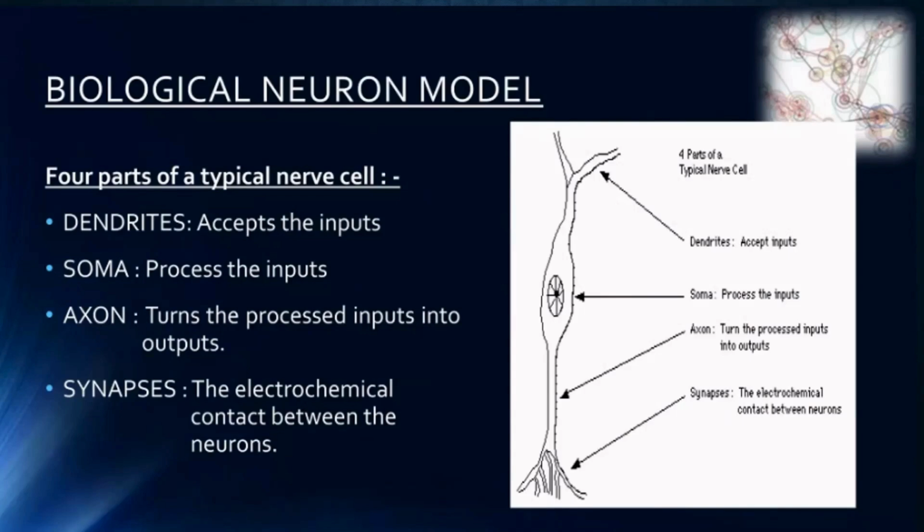We can see the four parts of a nervous cell. Some of my pronunciation may have mistakes, I hope you understand. The dendrites accept the inputs, the soma processes the input, the axon turns the processed input into the output, and the synapse is the electrochemical contact between neurons. We discussed these four parts in the previous video, where I showed the structure of the axon and the synapses, so you can check it.